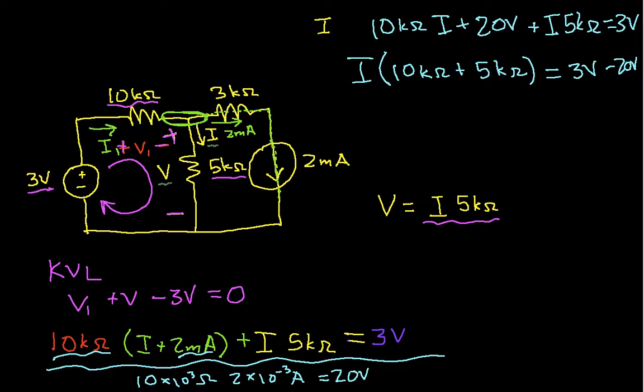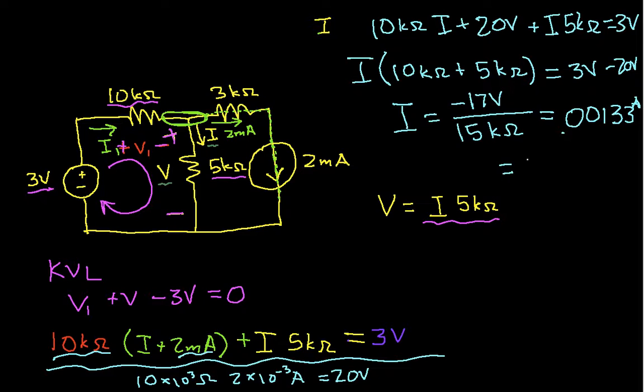And doing the algebra, I end up with I is equal to minus 17 volts over 15K ohms, which when I work that out with my trusty Google calculator, I get 0.00133 amps. But being an electrical engineer, I actually like to write this better as 1.33 milliamps.